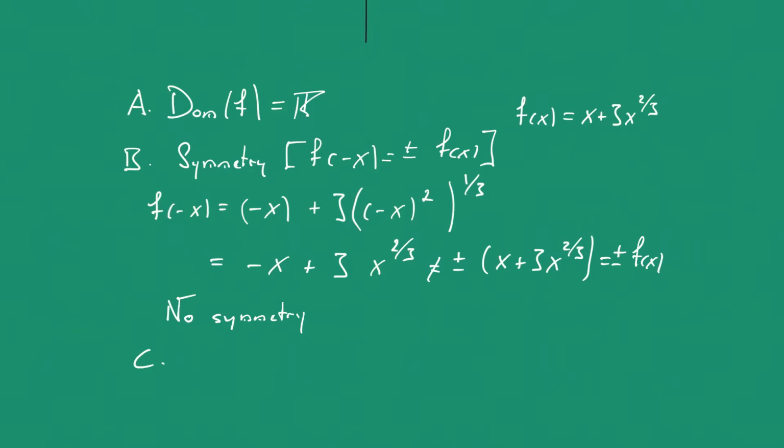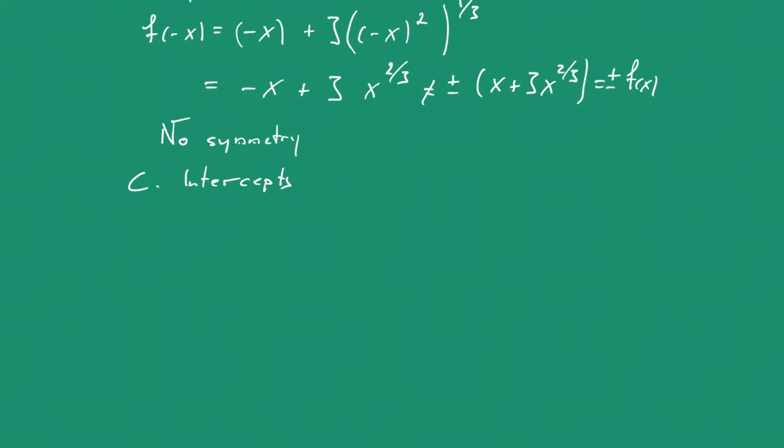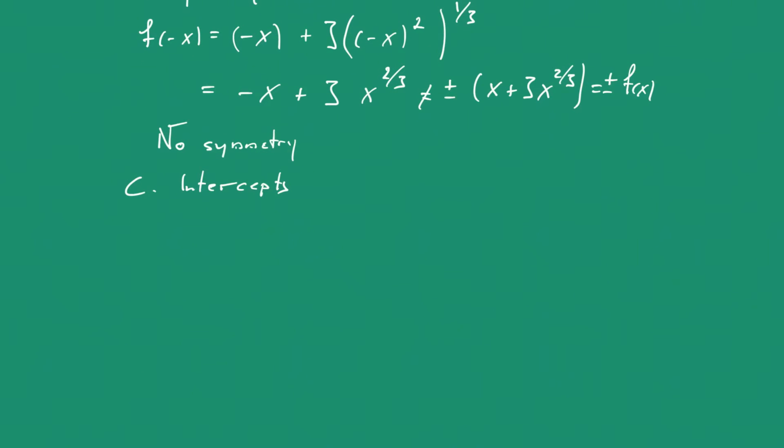All right, C. Next thing we like to think about are intercepts. So first of all, our y-intercepts. Y-intercepts happen when we cross the y-axis. That's when x is equal to 0, so we're evaluating f at 0.